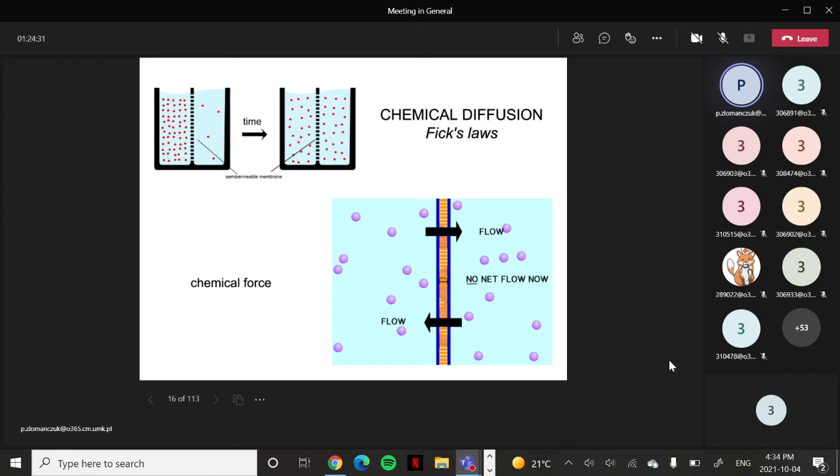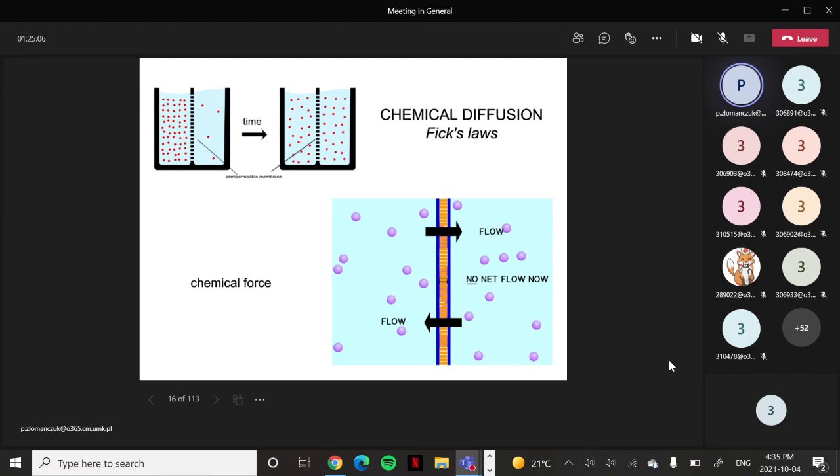Okay, so the first law, important for us, is that when you have two environments with solutions of a given molecule, separated by a membrane that is permeable to those molecules, and there is a difference in concentration of the molecules in those two compartments, we say that there is a gradient of the concentration of the given molecule.